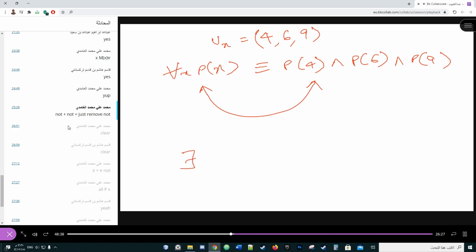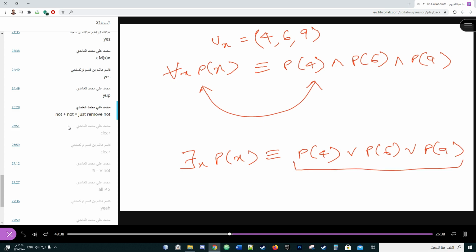For some, this is equivalent to P of 4 or P of 6 or P of 9. So the thing on the right hand side and the thing on the left hand side are equivalent. Okay, is that clear? That is one. The second is, for all you use conjunction or the and operator, and for some you use the disjunction or the or operator. Okay, so let's move on.